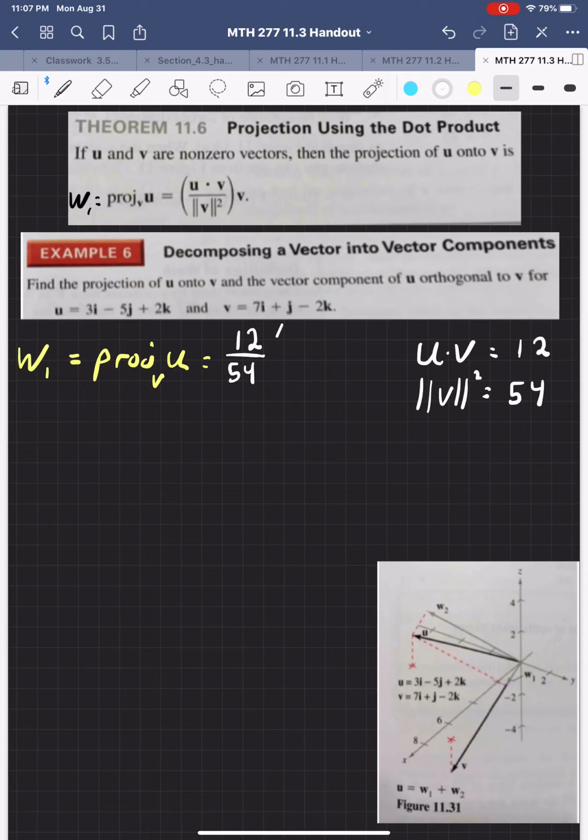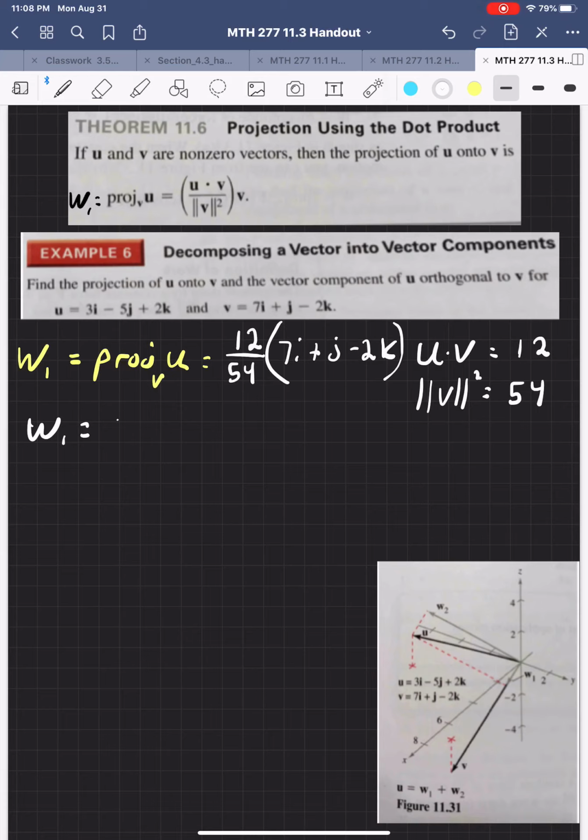multiplied by, and I'll just keep the ij notation, so multiplied by v, which is 7i plus j minus 2k. All right, so w sub 1 is simply equal to, what do you got? 12 times 7 over 54.